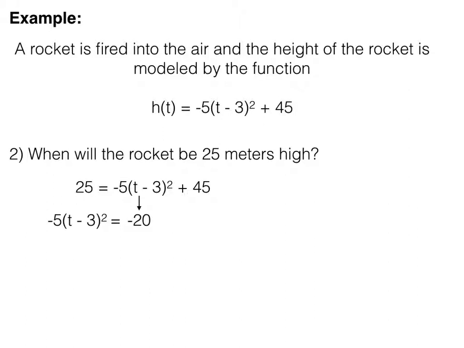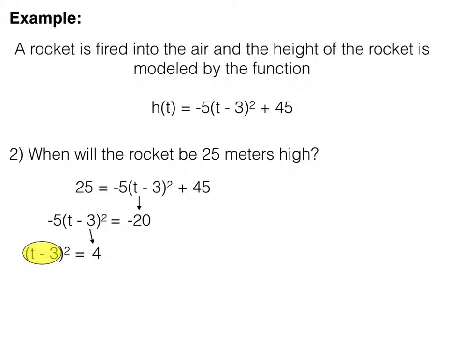So now we ask, if -5 times (t minus 3) squared is -20, what does (t minus 3) squared have to be? Well, it has to be 4. Why? Because -5 times 4 is -20. So we just discovered that (t minus 3) squared has to be equal to 4. Now, if (t minus 3) squared is 4, then what does t minus 3 have to be?